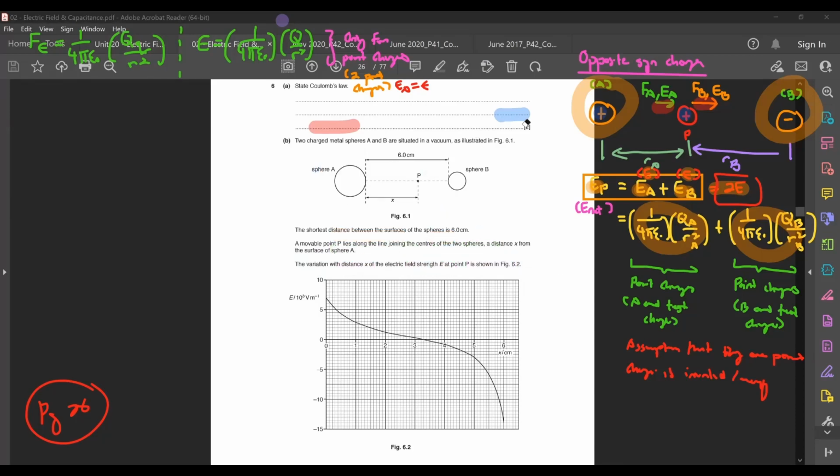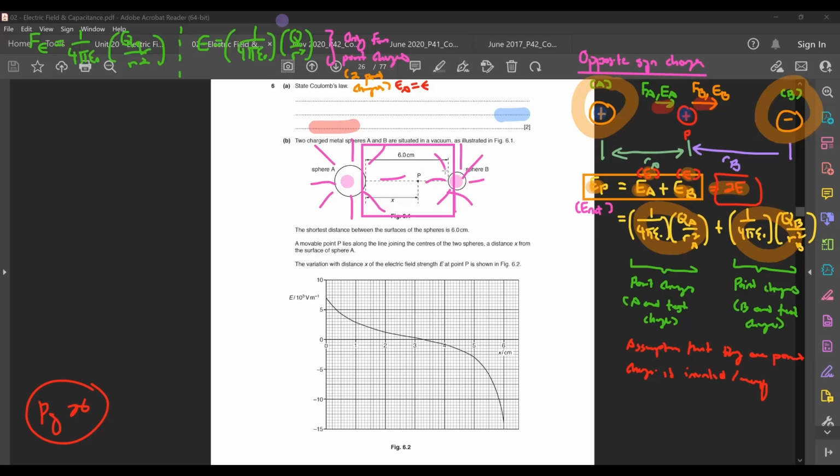You again have sphere A and sphere B. Sphere A has its own electric field, and sphere B again has its own electric field. When you move them close to each other, they combine in the region between the two spheres to give you a new electric field.